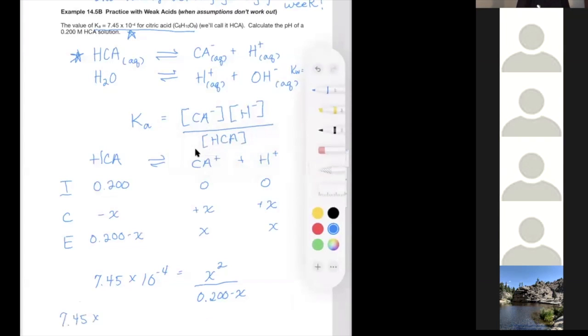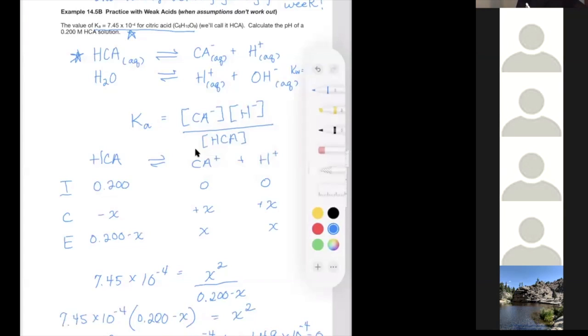Ka is 7.45 times 10 to the negative fourth, and bringing the denominator up by cross multiplying, I'm just going to do the math here for you, we get x squared plus 7.45 times 10 to the negative fourth x minus 1.49 times 10 to the negative fourth equals 0. So there's the quadratic form, and then you can solve it using the quadratic formula.